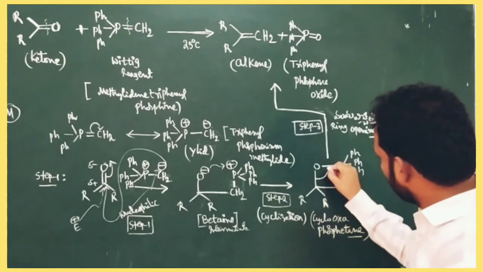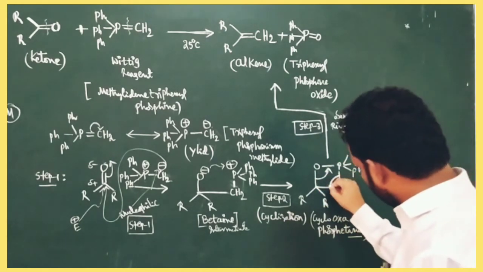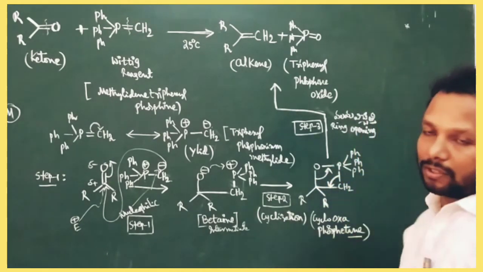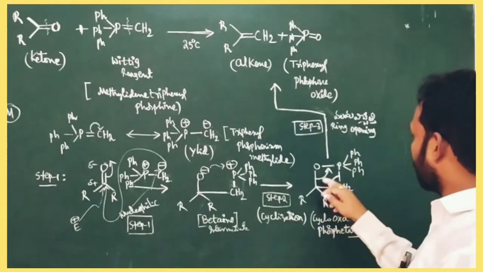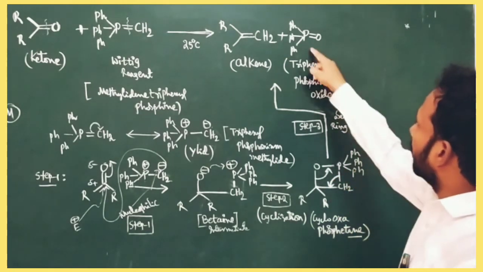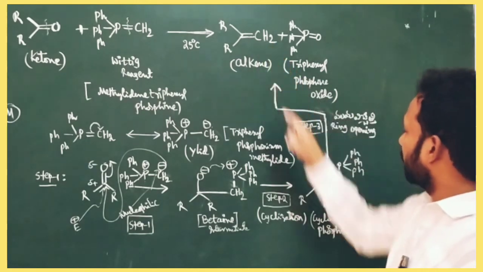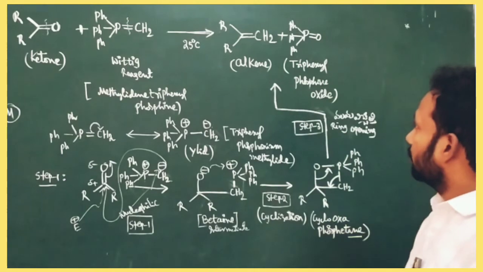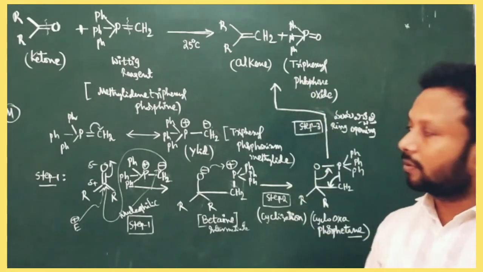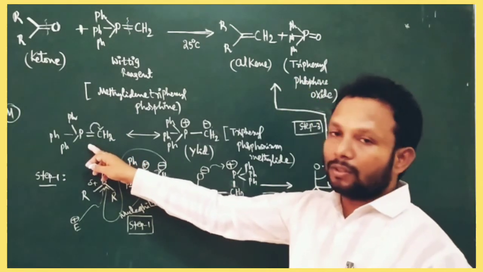Here the breaking of bonds is like this. It is a reverse 2+2 cycloaddition reaction. This oxaphosphetane ring further converts into stable products like alkenes and triphenylphosphine oxide. So this is the mechanism of this reaction.